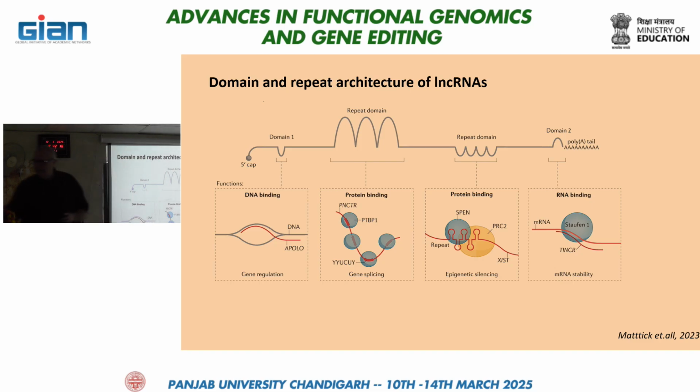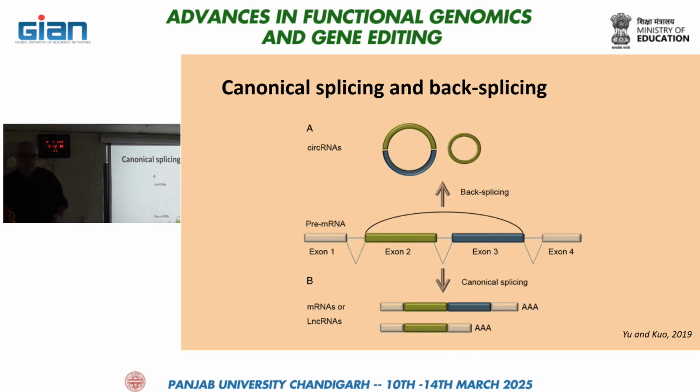Now I have to introduce the circular RNA, because circular RNAs are actually products of so-called back splicing. So you can see splicing of a regular pre-mRNA. You have exons 1, 2, 3, 4 and introns, and in regular splicing these introns are removed. You probably know this from some lectures.